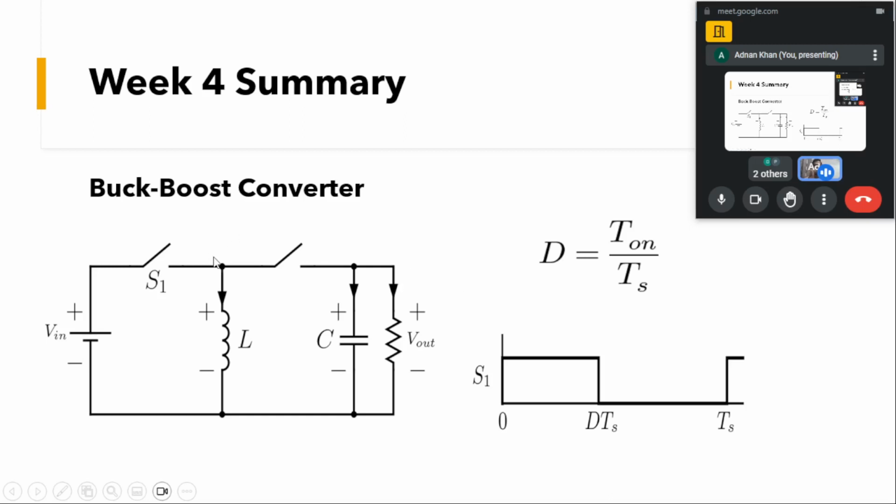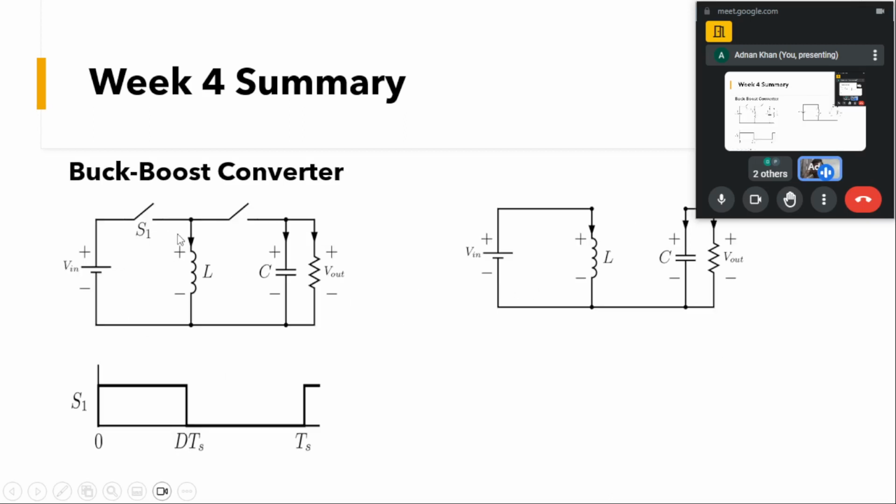You can see, if I turn on S1, these are operated in a complementary fashion. When this is on, the other will be off. There are two cases. One is when this switch is on, from time 0 to DTS, we will have a circuit in this way.